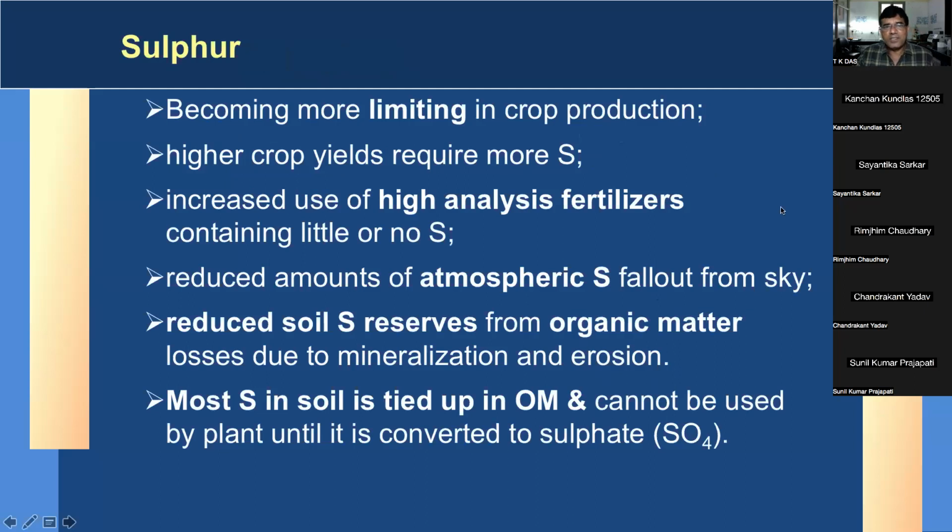Now, after calcium and magnesium, sulfur is also a secondary, important plant nutrient, and it is becoming more and more limiting day after day. Means with time its deficiency is increasing, and I have already shown you the data of India, how much percentage of soils are deficient in sulfur. So what are the reasons? One is that higher crop yields require more sulfur. Sulfur uptake is roughly equivalent to phosphorus uptake.